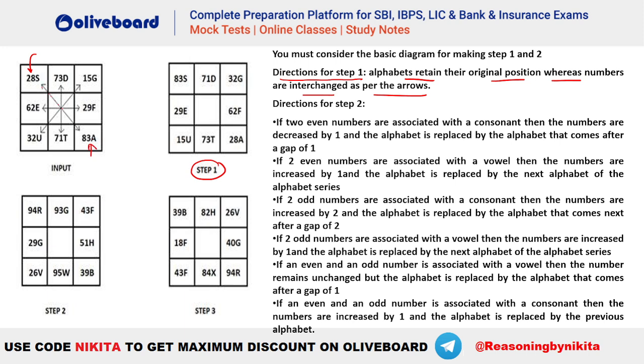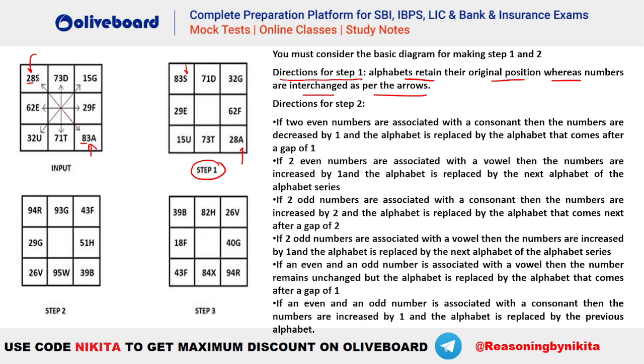You can see this is the arrow here, isn't it? So this is 28 and S and 83A. So you can see alphabets have retained their position. So S has stayed here. Similarly, A is also in this particular box, but the numbers have interchanged as per the arrow. So 28 has gone in place of 83 and similarly 83 has gone in place of 28.